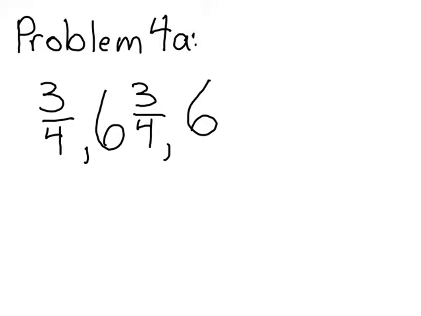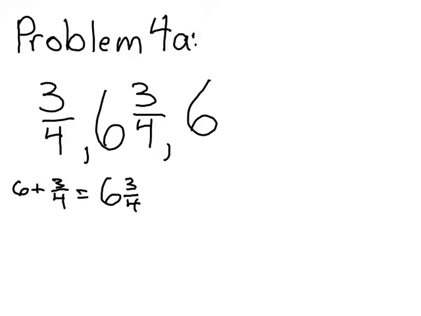Problem 4a, we will be showing a relationship between 3/4, 6 and 3/4, and 6. Again, I'm going to show an addition and a subtraction problem with that relationship. The first one will be, we'll look for a total, so we'll add 6 plus 3/4 equals 6 and 3/4.